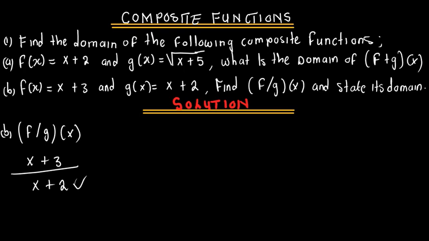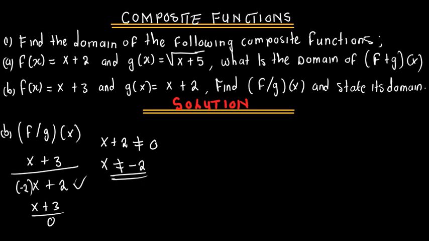So we are going to say that x plus 2 must not equal 0, and then we say that x must not equal negative 2. And this is true because if we put negative 2 where there is x, this is going to be 0, and that will make the function undefined, so we don't need that. That is what we're avoiding.